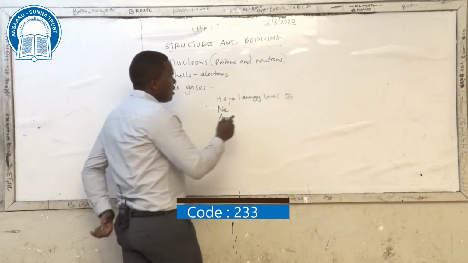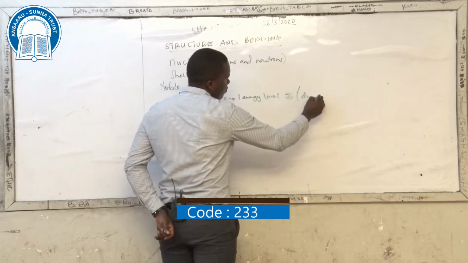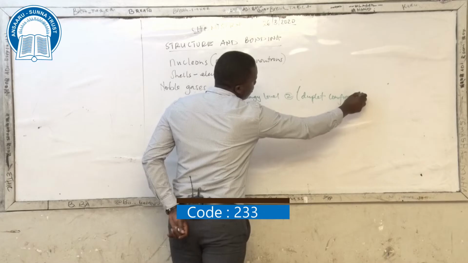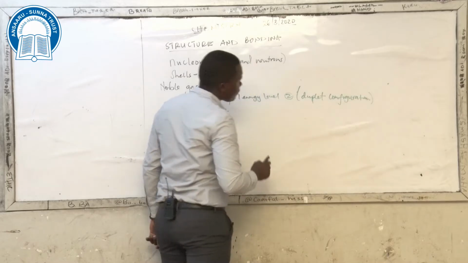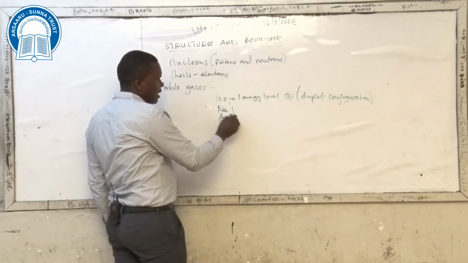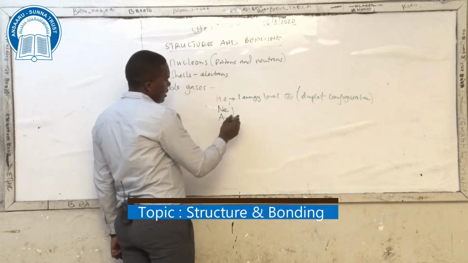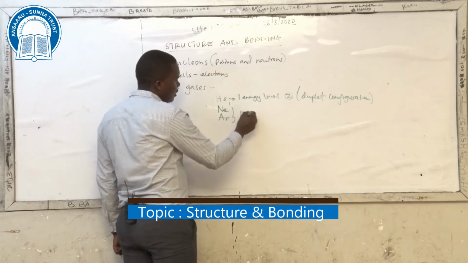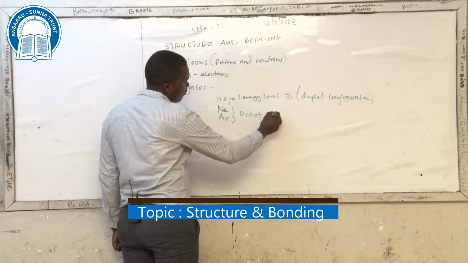This is why we call it a duplet. It has a duplet configuration. While argon and neon have 8 electrons in the outermost energy level, and that one is called the octet configuration.